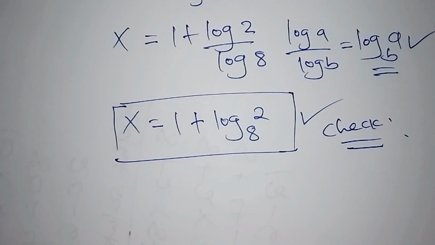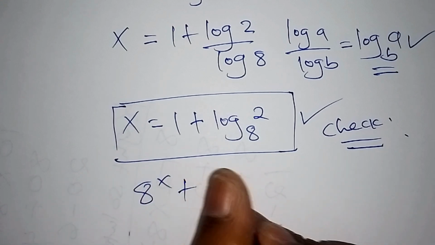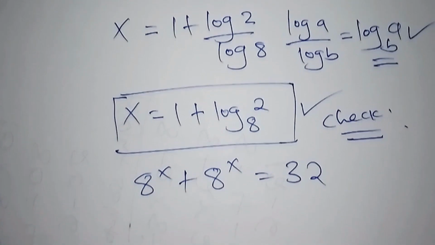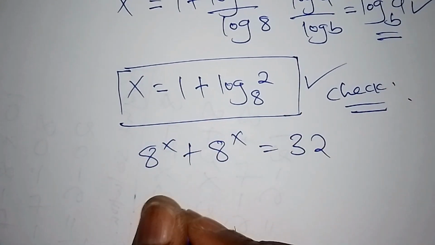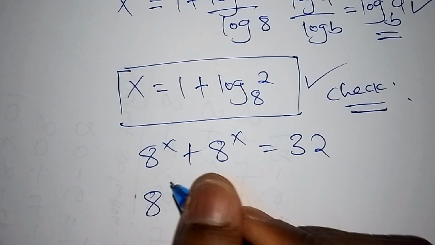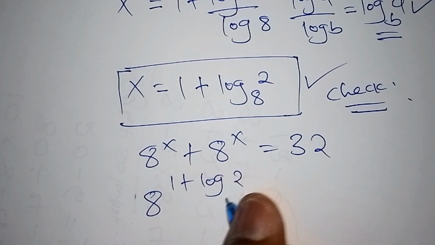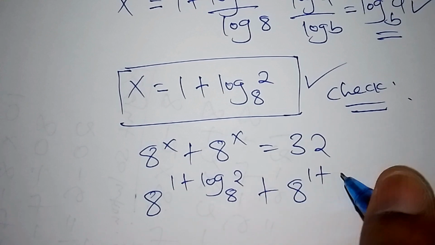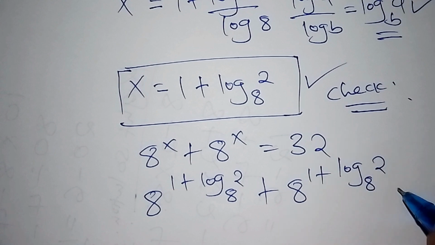You can also check or confirm our result. We had 8 to the power of x plus 8 to the power of x equals 32. In this case, instead of x, we write 1 plus the log of 2 to the base of 8. So we have 8 to the power of 1 plus the log of 2 to the base of 8, plus again 8 to the power of 1 plus the log of 2 to the base of 8, which should give us 32.